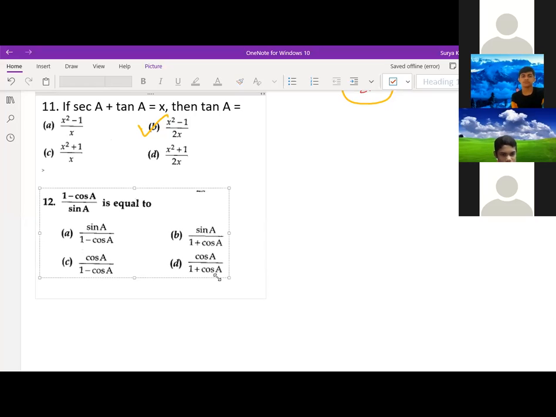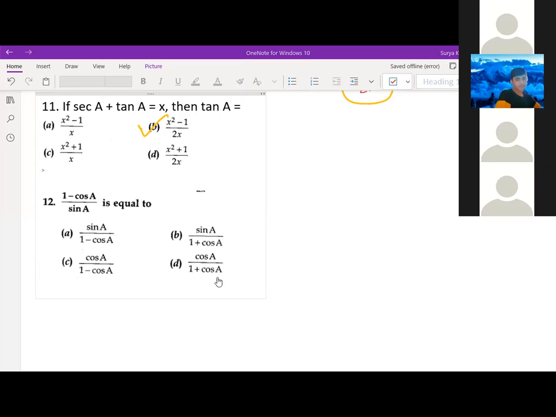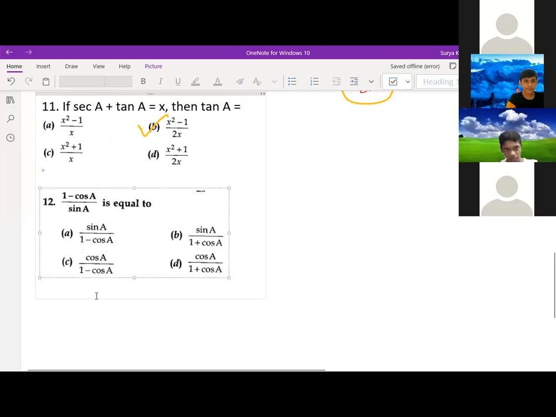This is very easy question. 1 minus cos A divided by sin A is equals to what? Sir, it's sin A upon 1 minus cos A. Sin A upon 1 minus cos A. So your answer is A, right?